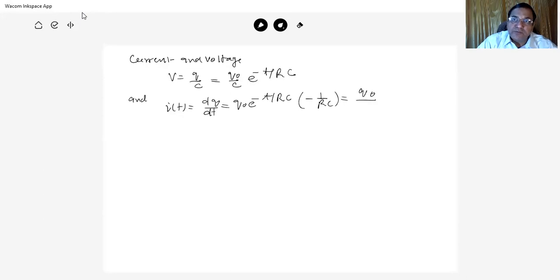That is minus Q0 by RC e raised to the power minus t over RC.